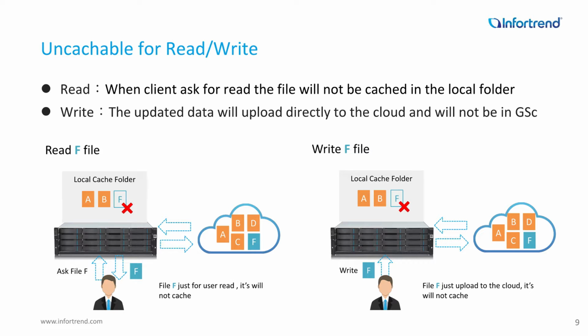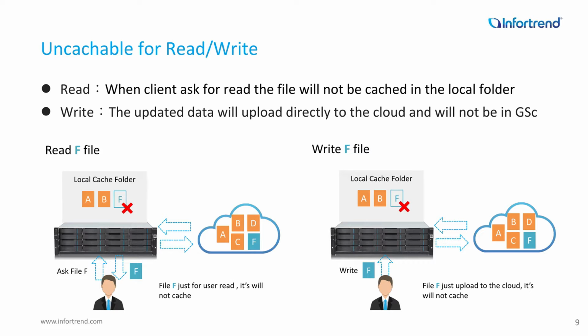Imagine you need to back up some data to cloud. By using Ion Cloud Gateway, you can just back them up to GS to quickly release your backup service resource from the backup task. Then GS helps with uploading all data from a specific share folder to the cloud.